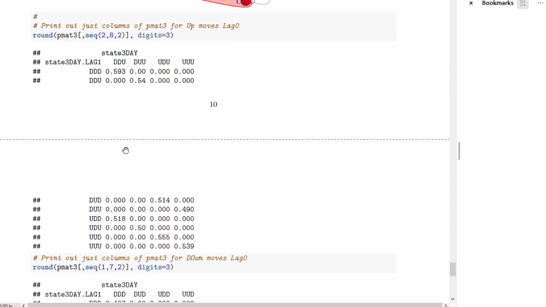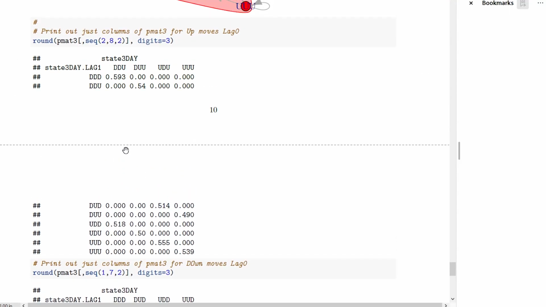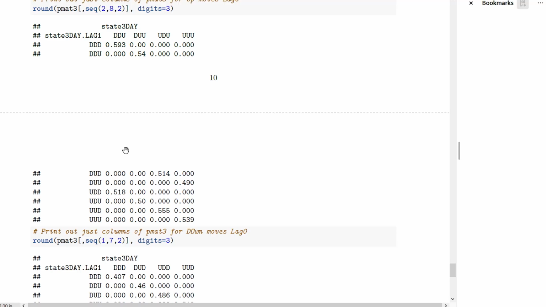And let's see, there was this little note that ends with printing out the columns of the transition probability matrix for up moves and down moves.